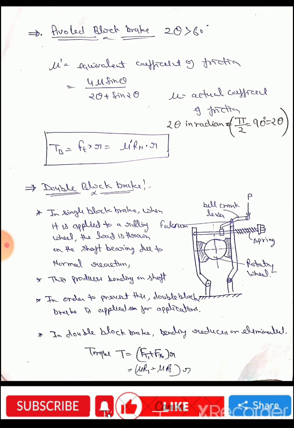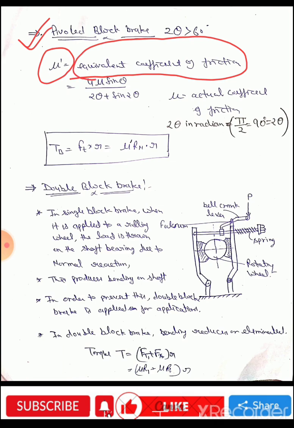So in pivoted block brake we can use mu dash, the equivalent coefficient of friction. This is very important. Here we don't use simple mu, we use mu dash, the equivalent coefficient of friction.